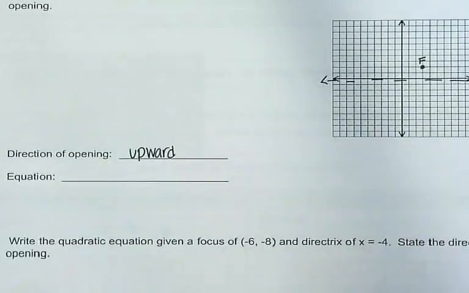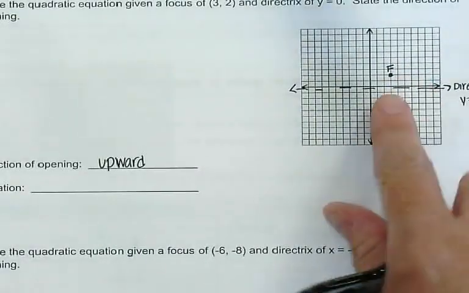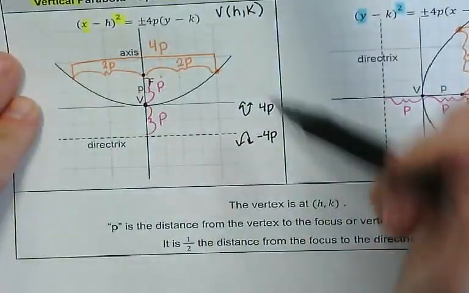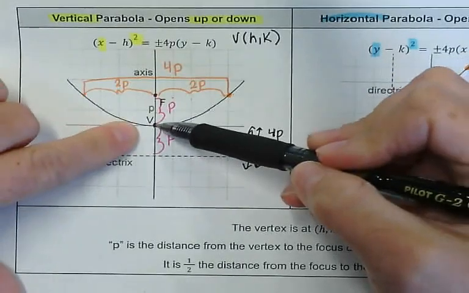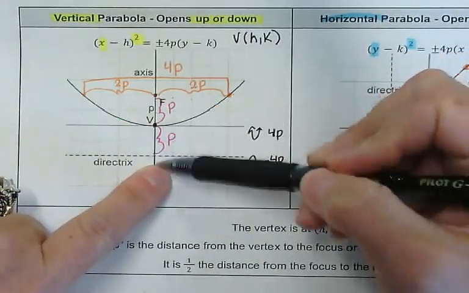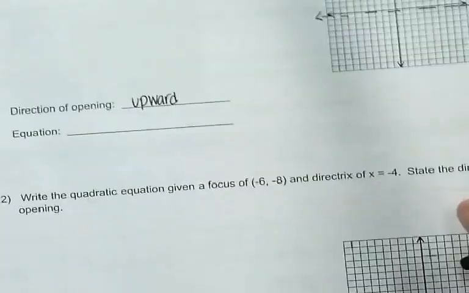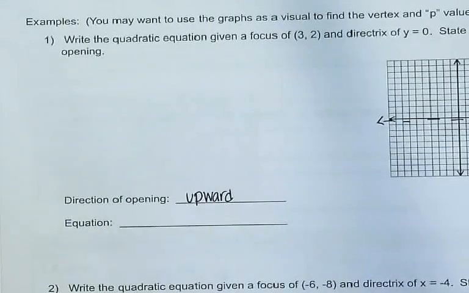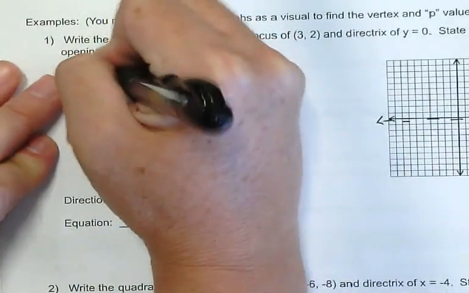All right, so I have my focus, I have my directrix. If we go back and look, your vertex is in between your directrix and your focus. It's directly in between. So let's just make note of that.